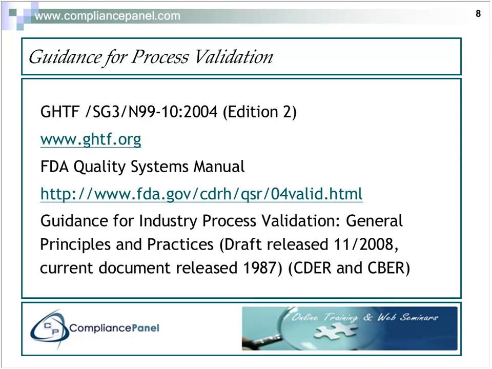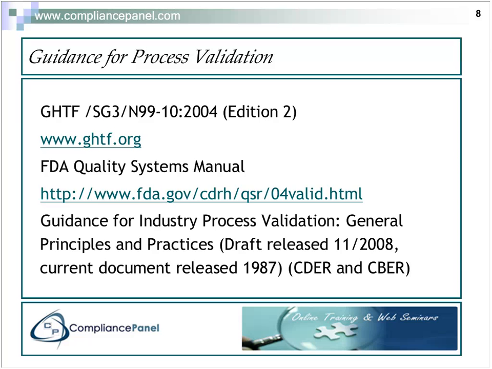For those companies that are creating combination products, that is products that include both devices and either a biologic or a drug, you need to have the guidance for process validation, which was released in 1987, on hand as well, because that is the current document that is being used right now by the drug and device side of FDA.